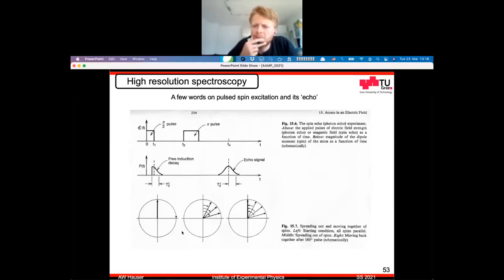If I have placed a coil here in the Y direction, coiled like this, every time the magnetization passes my coil, I'll get a signal. So by the flipping, I get a signal coupled into my coil, which measures exactly the precession frequency. Okay, so that's what's happening.